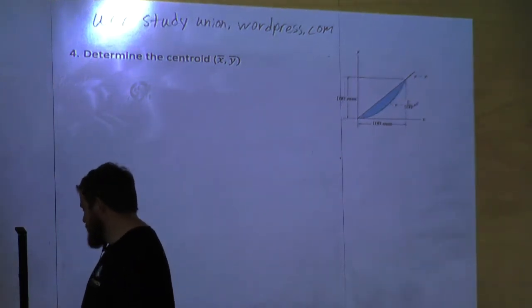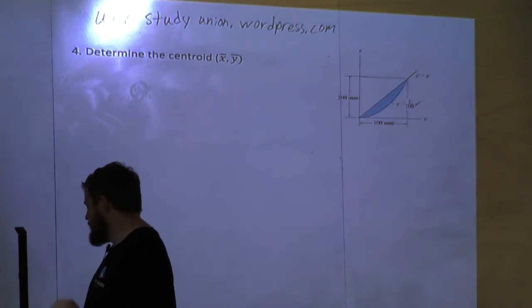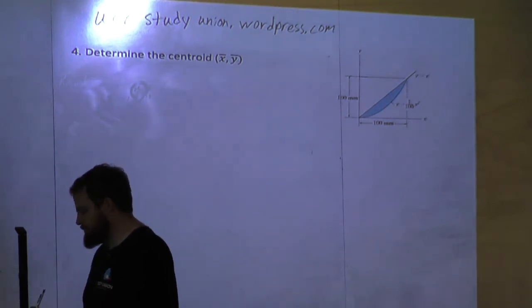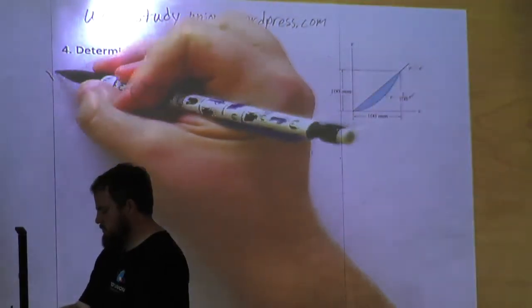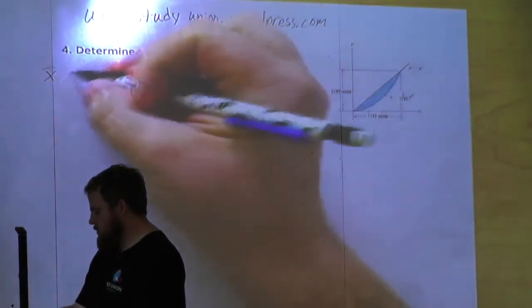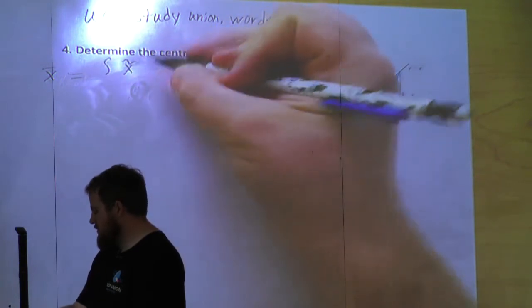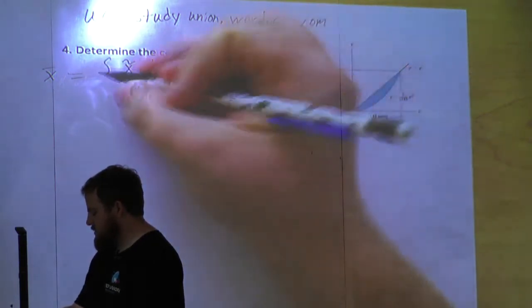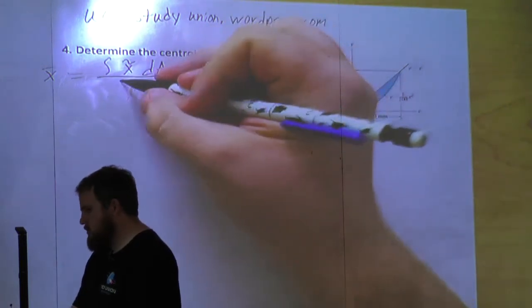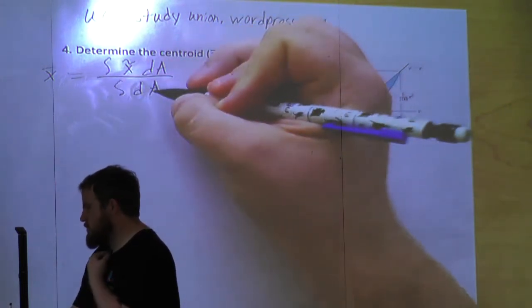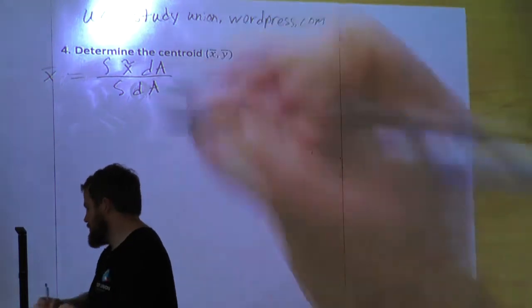Okay, so let's begin. We need to find x bar and y bar for this figure. So, start with x bar. What we're going to do is use this formula. Okay.